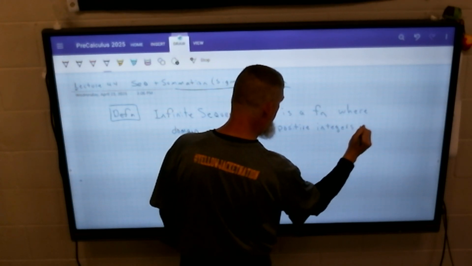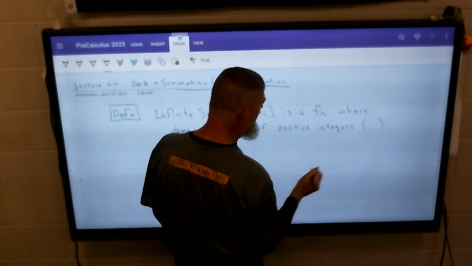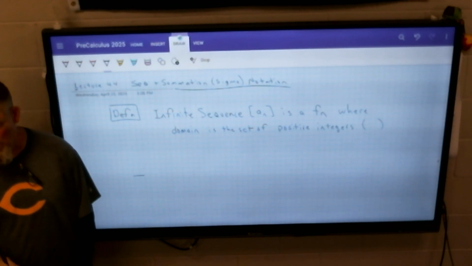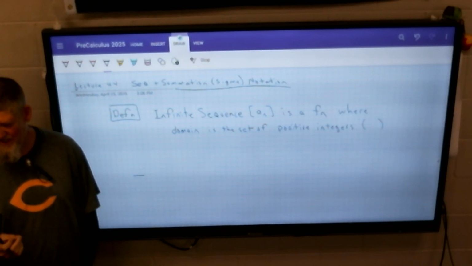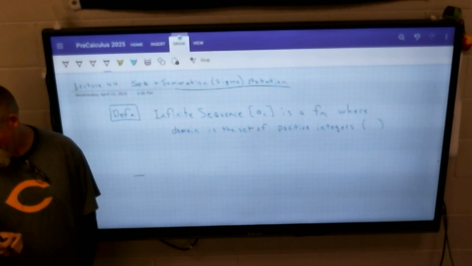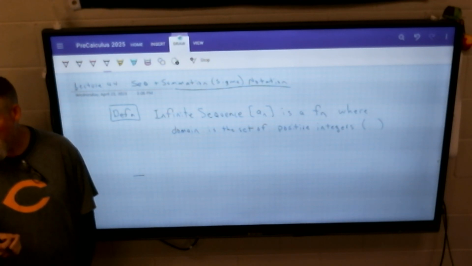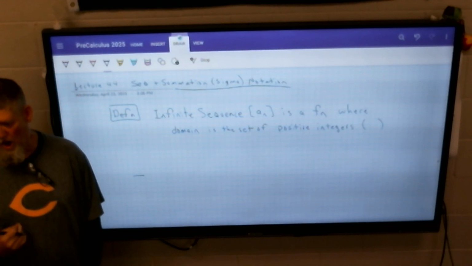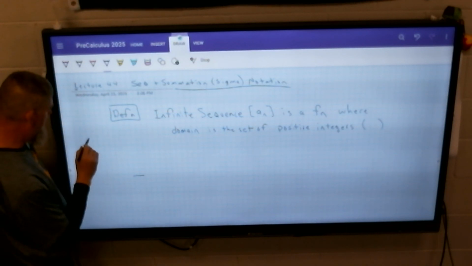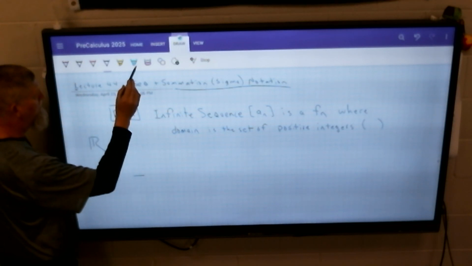Do you happen to remember, I don't know if we did at the beginning of this class, we did in Algebra 2, what capital letter of the alphabet represents integers? Like N stands for natural numbers, R, that funky looking R, was for all real numbers.